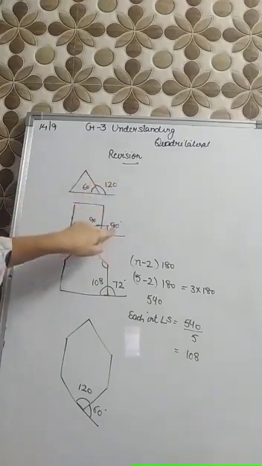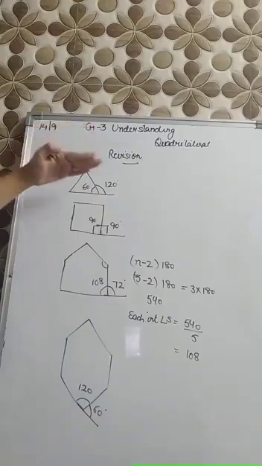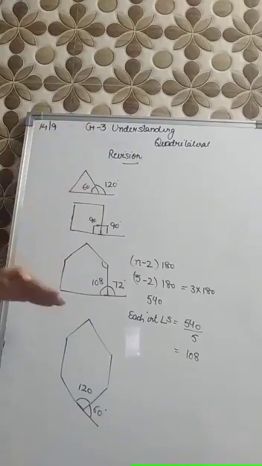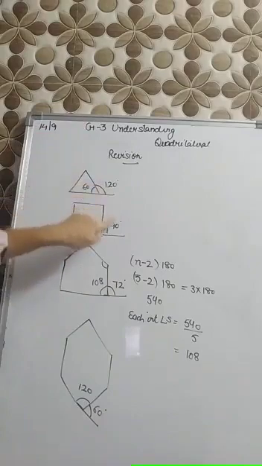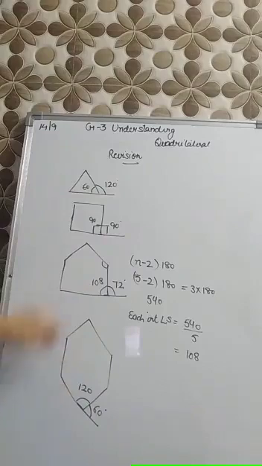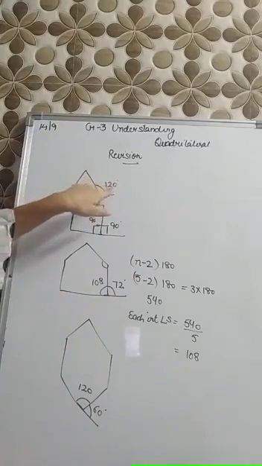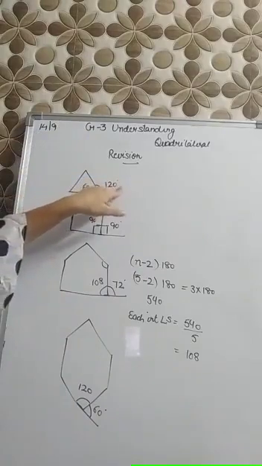In this I am having 90, then 72, then 60. As you can see, as I am increasing the number of sides, the exterior angle will keep on decreasing and the interior angle will keep on increasing. So that means this is the maximum exterior angle possible for a regular polygon.